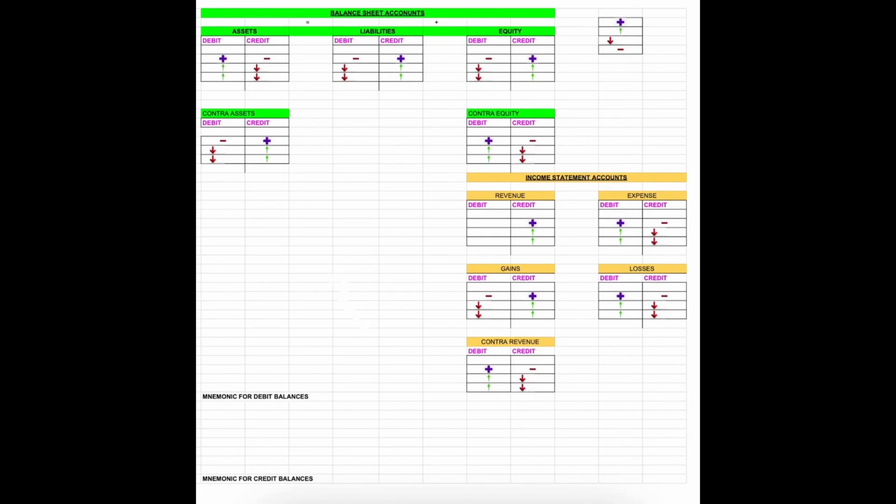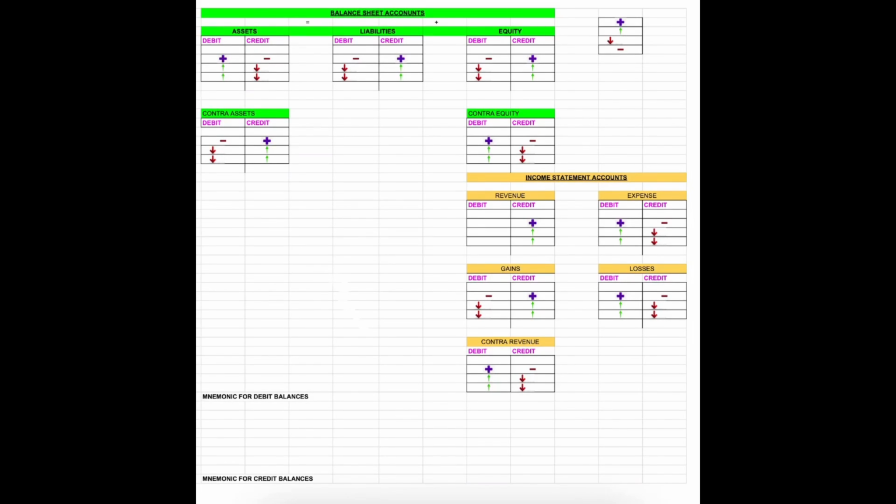Let's see which accounts will increase on the debit side and which will increase on the credit side. We will look at the balance sheet accounts first. The balance sheet is created based on the accounting equation, which is assets equal liabilities plus equity.